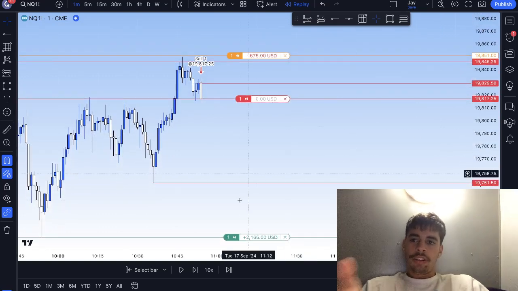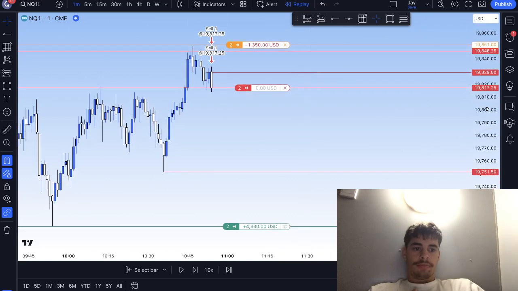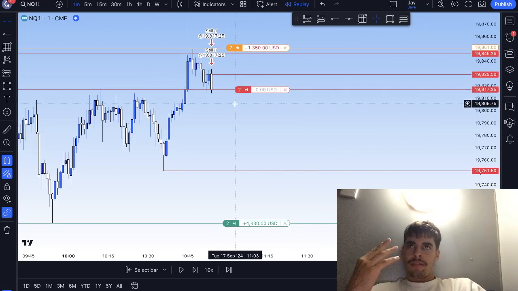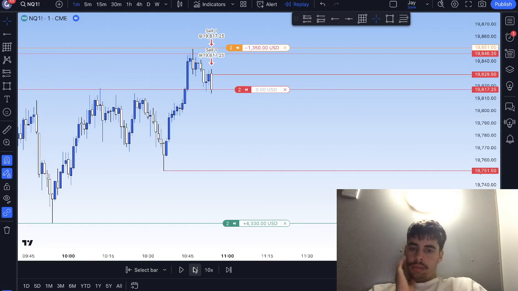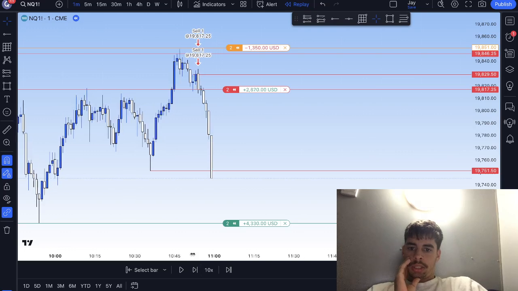It is NQ, not micros, so this is over leveraging, but you know, it's sort of like a 1 to 4, almost 1 to 3, I'd say. Yeah, pretty much a 1 to 3. TP1 hit.